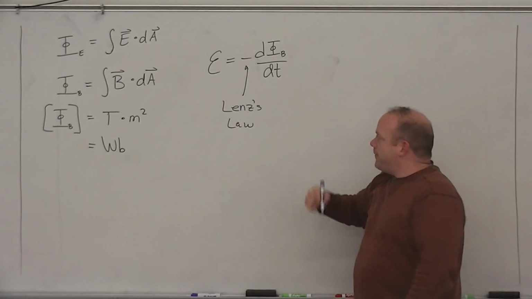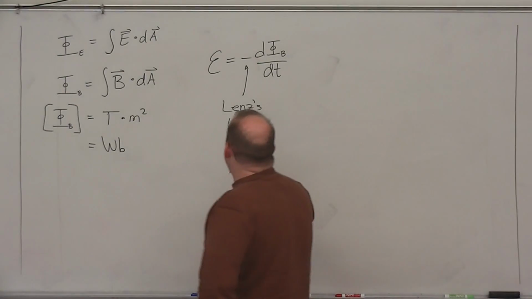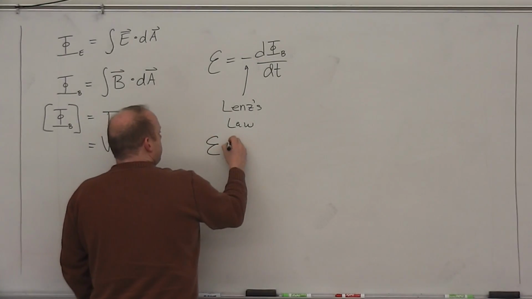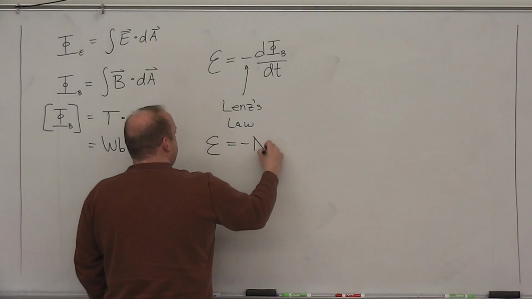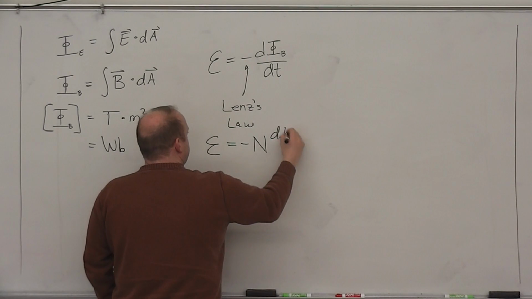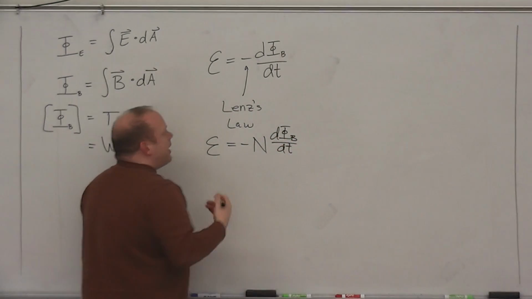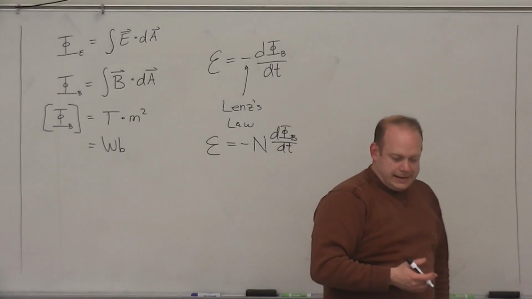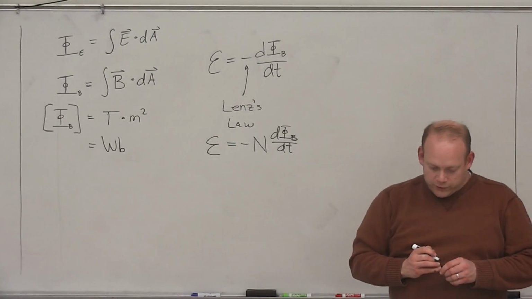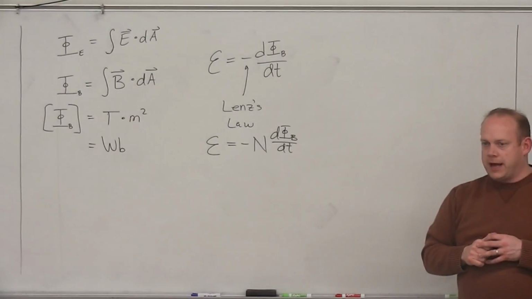If I put in multiple coils, multiple turns, I can use EMF equal to negative N dΦB dt. And yes, I really like this equation, not only because of its importance, but I really like saying EMF equals dΦB dt. It just kind of rolls off the tongue. Now, about that negative.